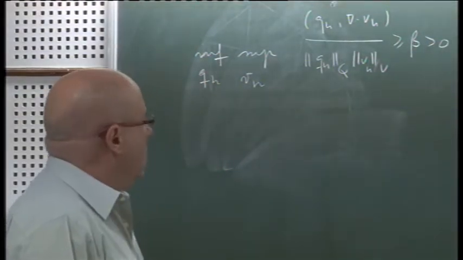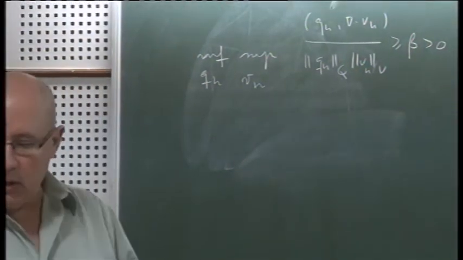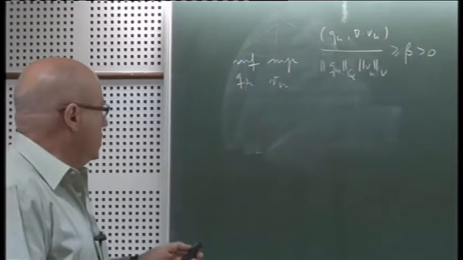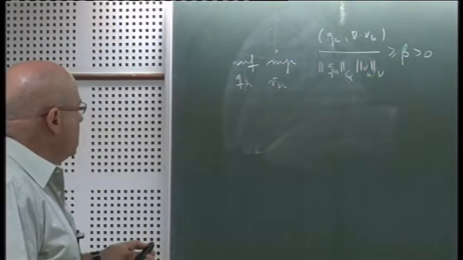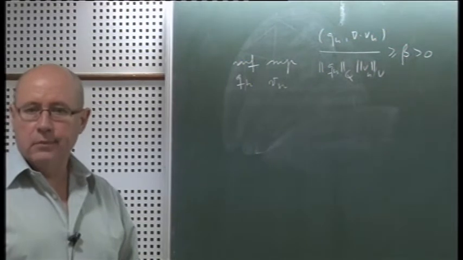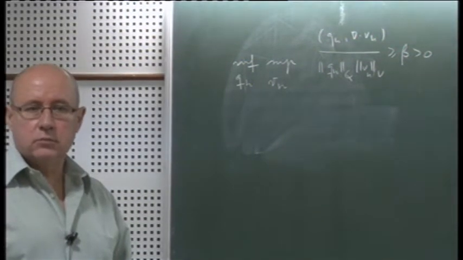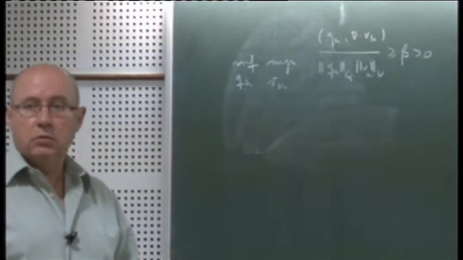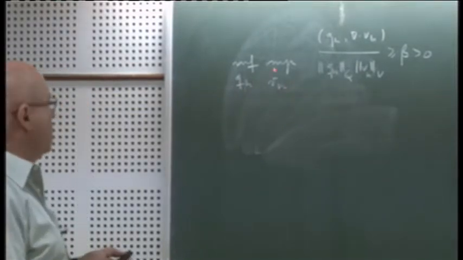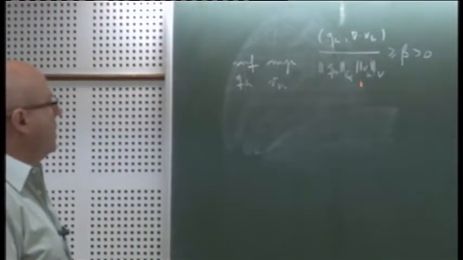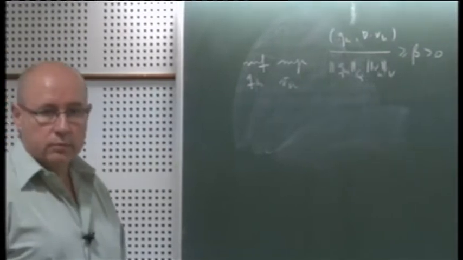Of course, when is it going to be easier to satisfy this condition? When the velocity space is larger or smaller? Larger, of course. I mean, the larger the velocity space, the easier this condition holds.